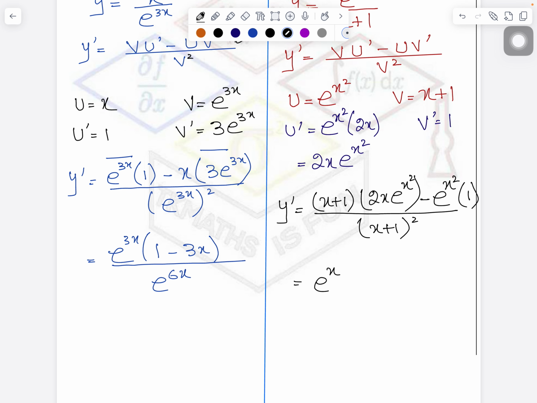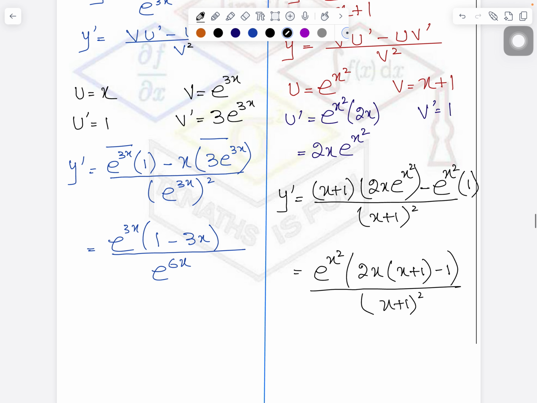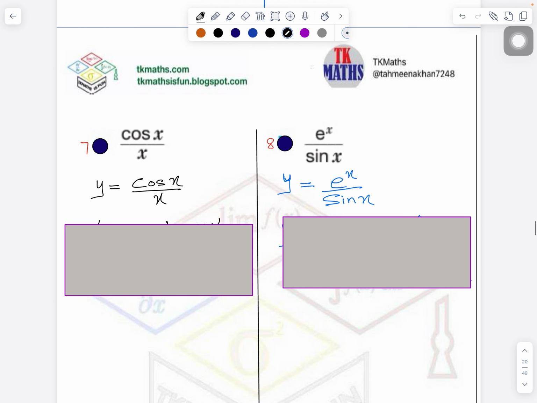So I will take that out. So what is left from here? 2x times x plus 1 minus 1. And that's all, because even if you expand, nothing will cancel out. So just keep it as it is, no problem. So you got the derivative here.